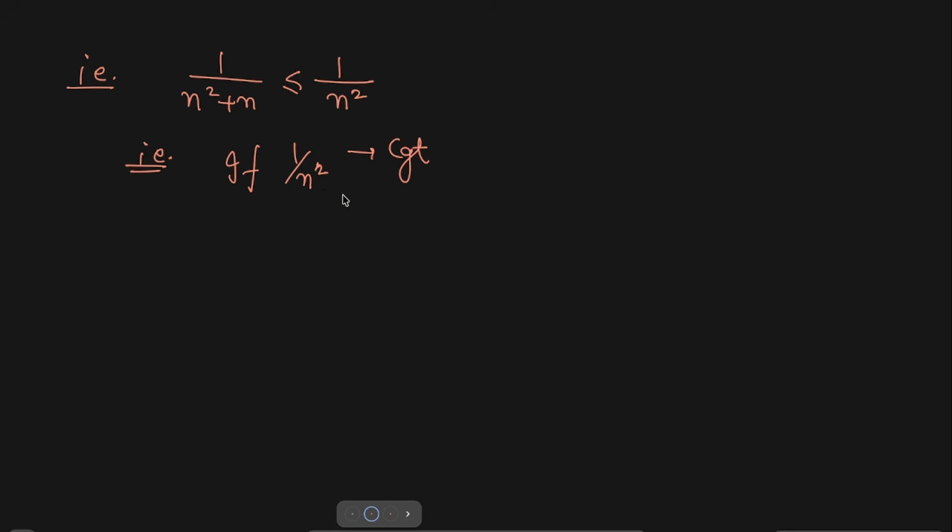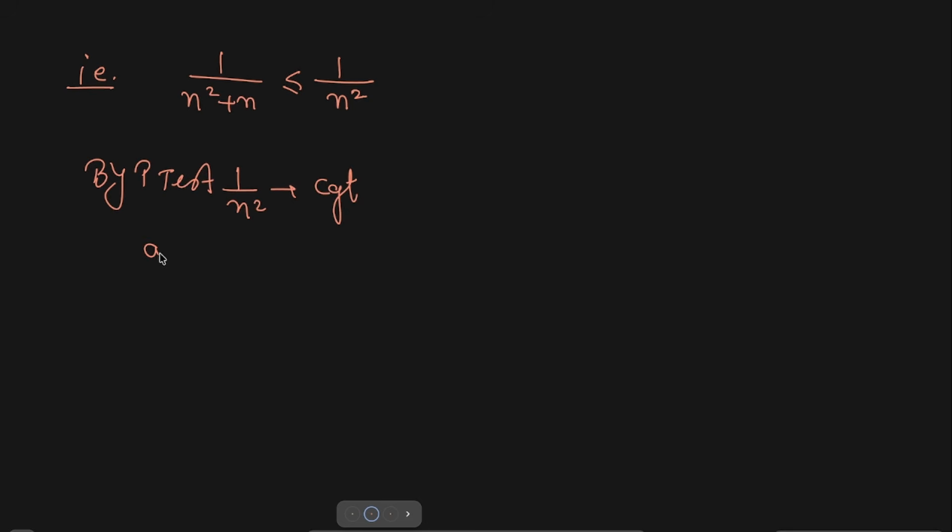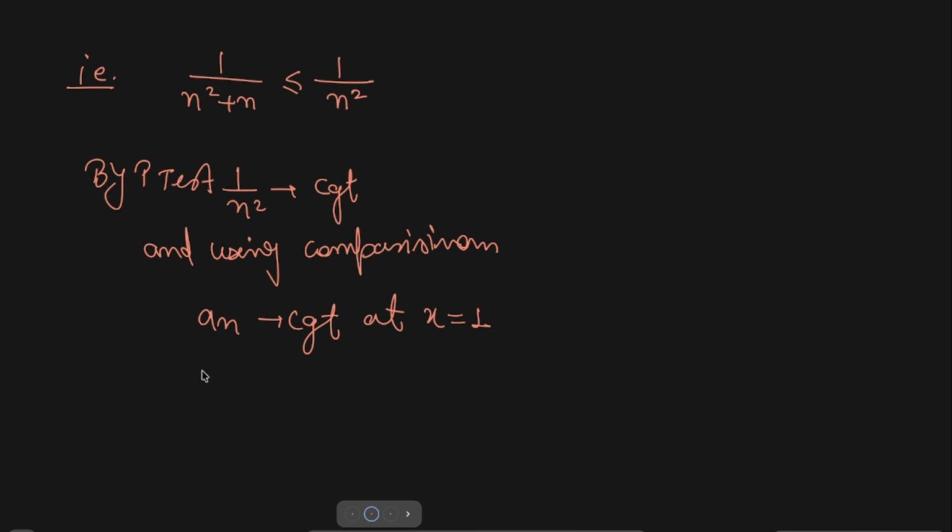By p test, 1 by n square is convergent, and using comparison test these both will converge or diverge together. It means an is also convergent at x equals 1.